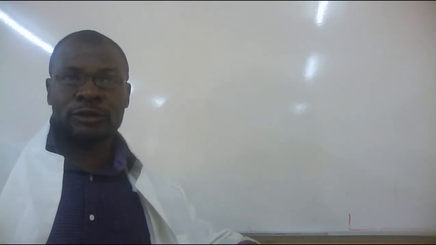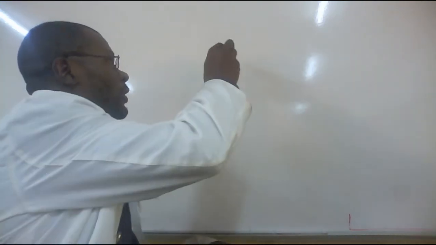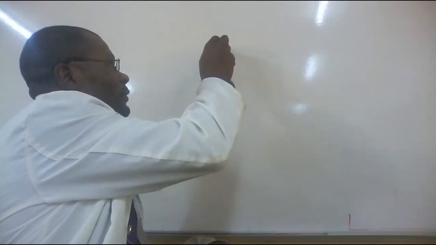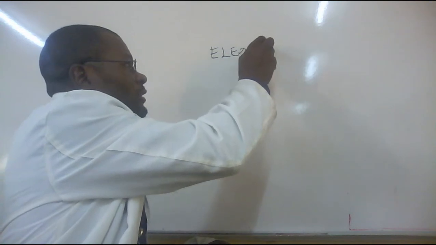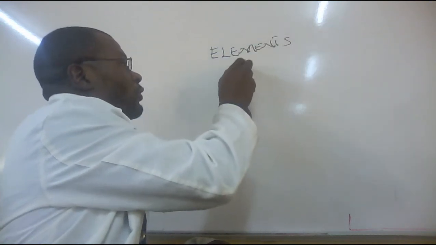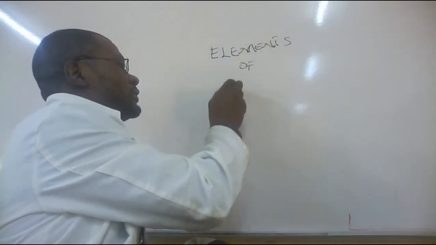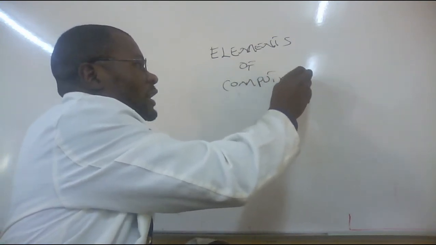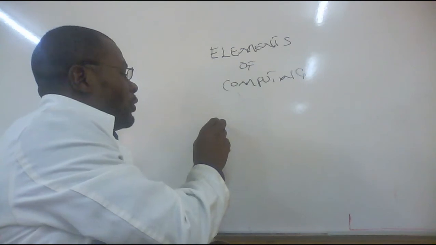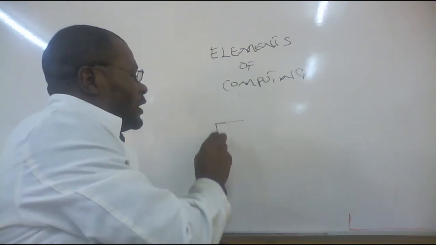Just to refresh on what we discussed earlier on, we looked at the elements of computing. And the last time I took time to explain all about the input elements.